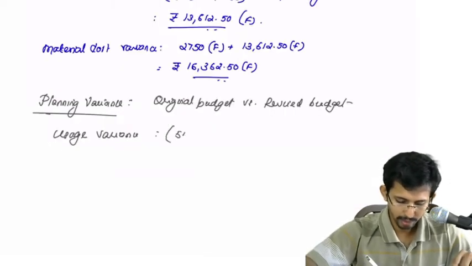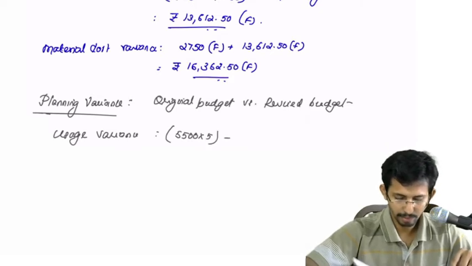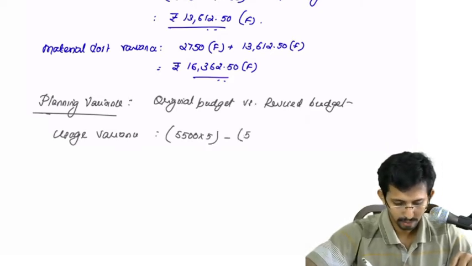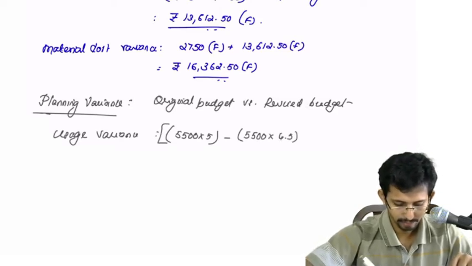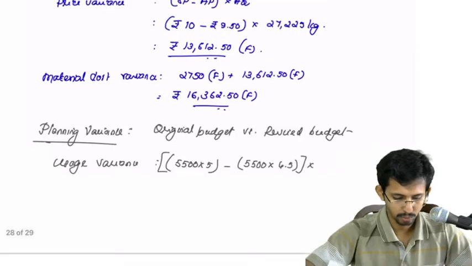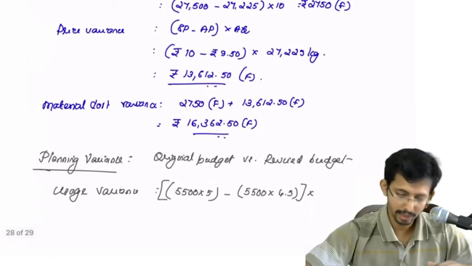So 5,500 into 5 minus 5,500 into 4.75, into SP. What is SP? 10.